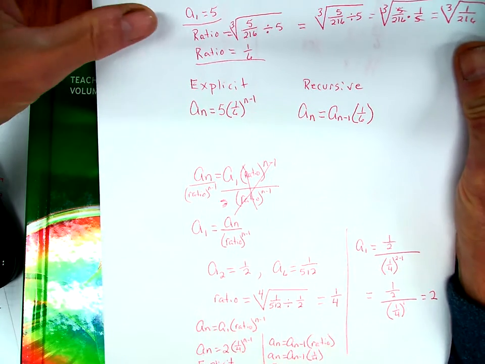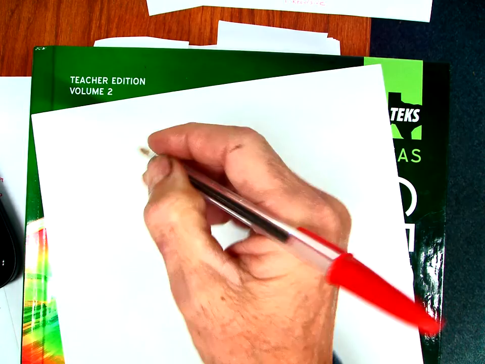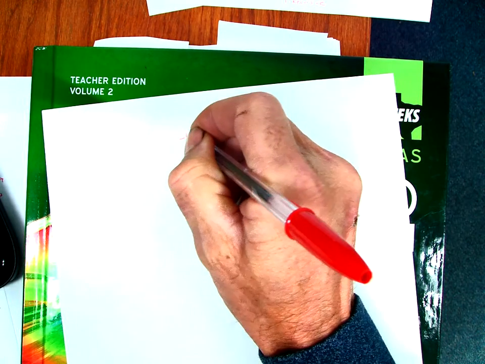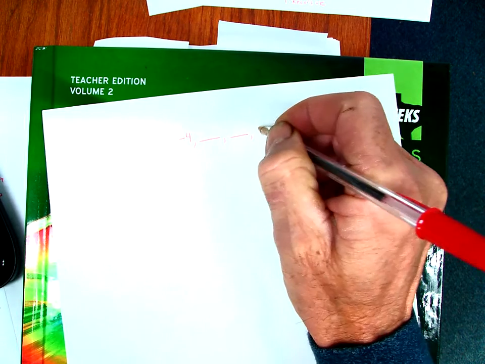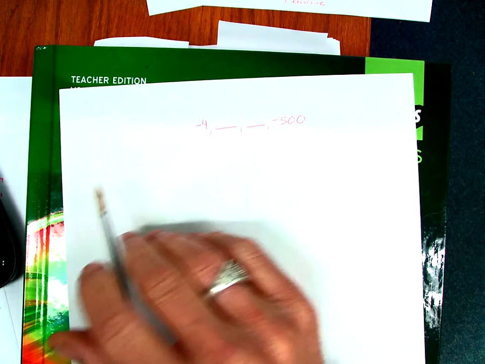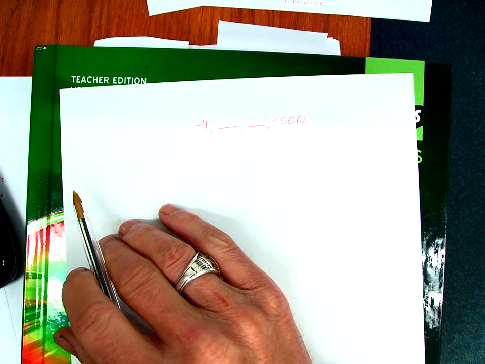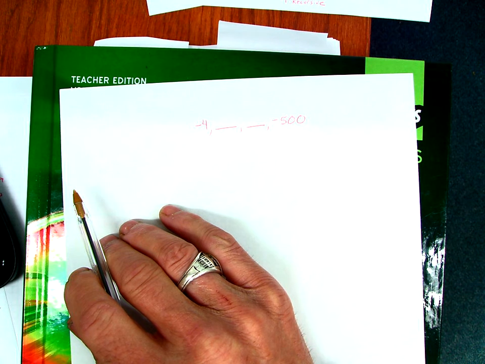Okay, so what do you do if you're given some elements and you need to find the ones in between? In the example, I used -4, blank, blank, -500. To find these two, we're going to have either the explicit formula or the recursive formula. And what we need to know for both is, what's the ratio?